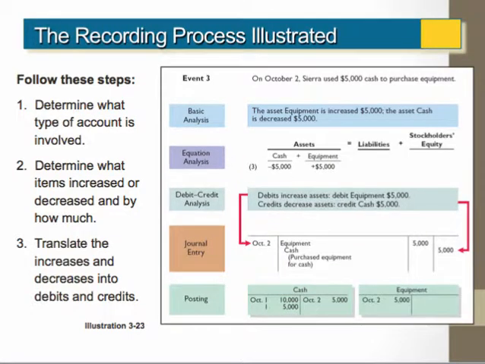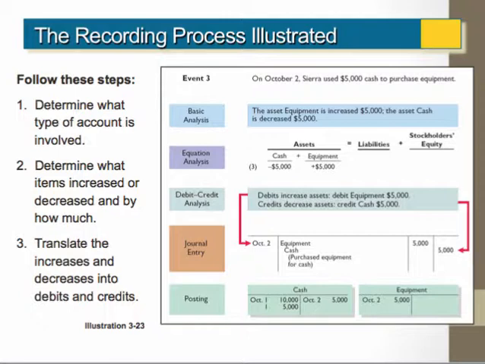On the third transaction on October 2nd, Sierra used $5,000 in cash to purchase the equipment. We did the analysis and we noted that the cash went down by $5,000, but the equipment went up by $5,000. Because equipment is an asset, we're going to increase the equipment account with a debit, and we're going to decrease cash by $5,000.